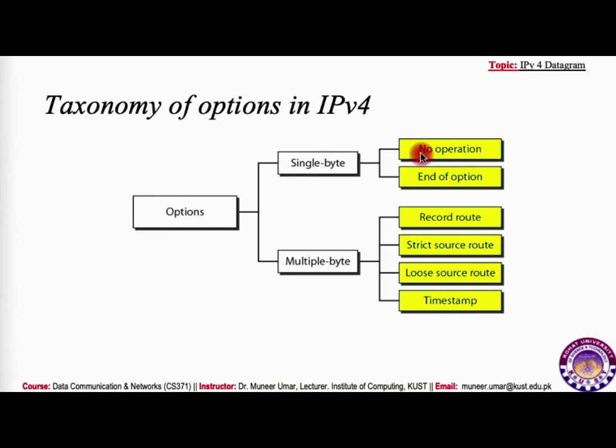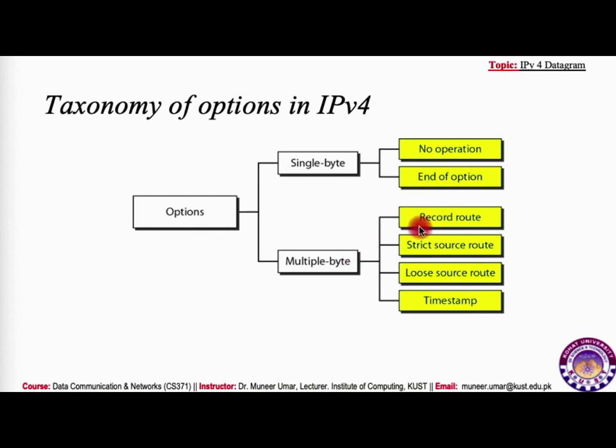First under single byte is no operation. A no operation option is a 1 byte option used as a filler between options. An end of option is a 1 byte option used for padding at the end of the option field. It, however, can only be used as the last option. Then we have multiple bytes.